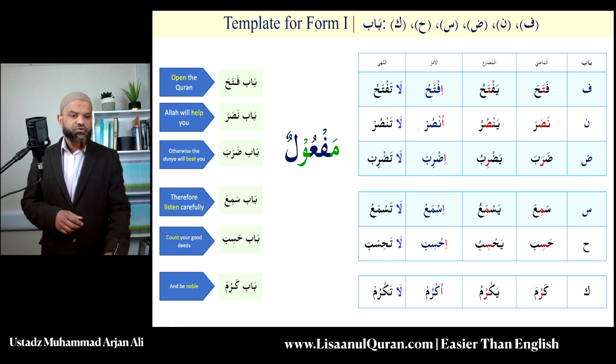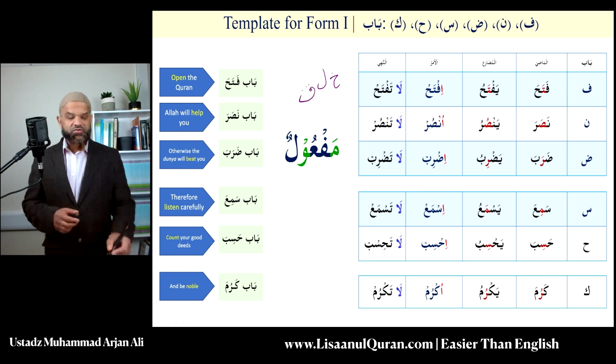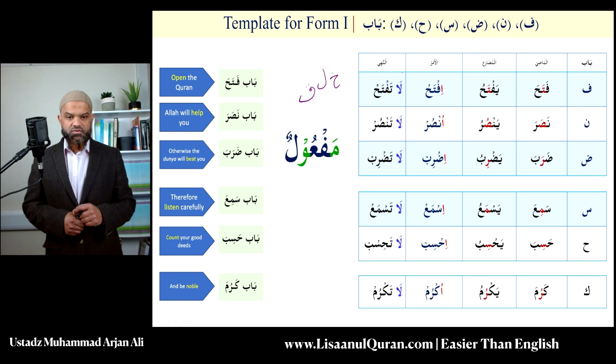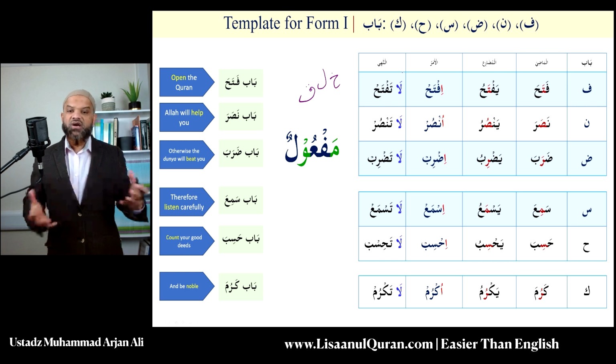For example, let's take the example of kha, lam, and qaf. So we put the verb, it will be khalaqa. The one who creates is called khaliqun. The one who's been created, makhluqun. So Allah is khaliq and we are makhluq.